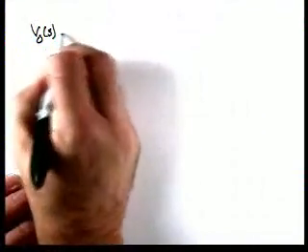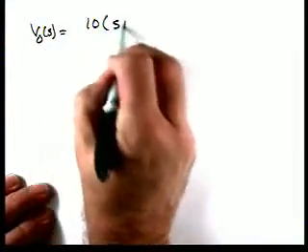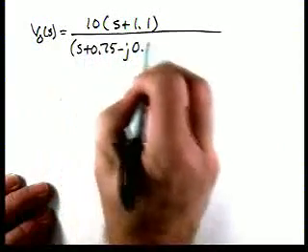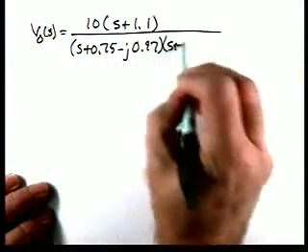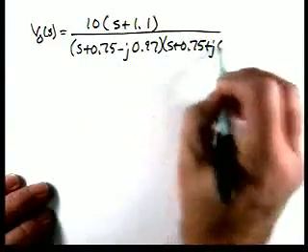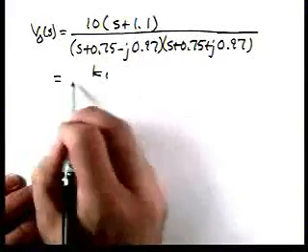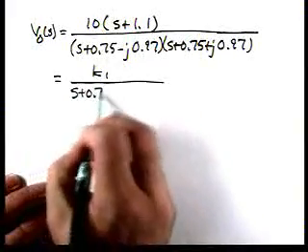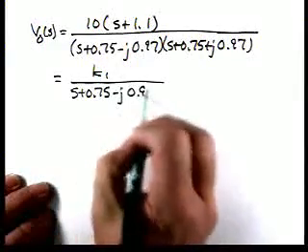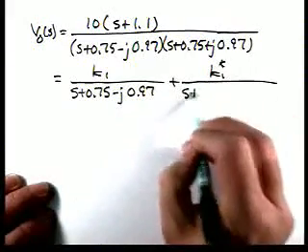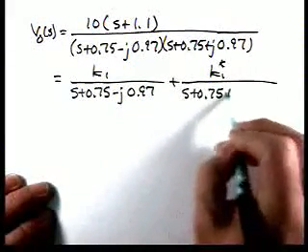So then we can write V0 is 10 times S plus 1.1 over S plus 0.75 minus j 0.97 times S plus 0.75 plus j 0.97, and our partial fraction expansion will be K1 over S plus 0.75 minus j 0.97 plus K1 conjugate over S plus 0.75 plus j 0.97.